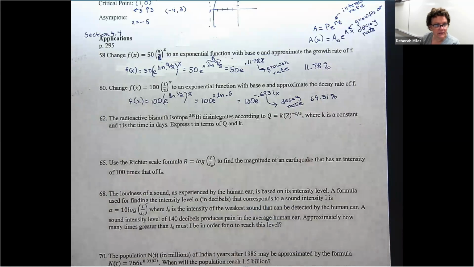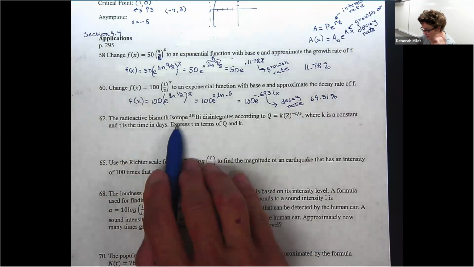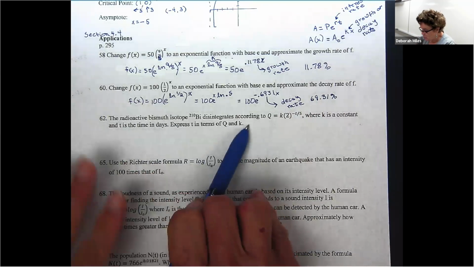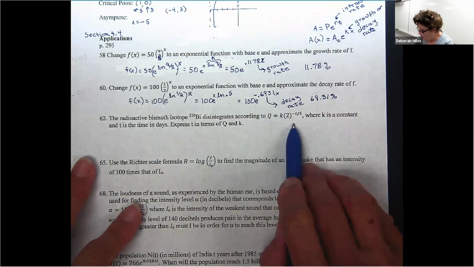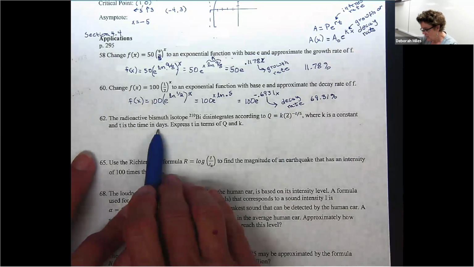Let's see what 62 is. The radioactive bismuth isotope disintegrates according to this formula, where K is a constant and T is the time in days.